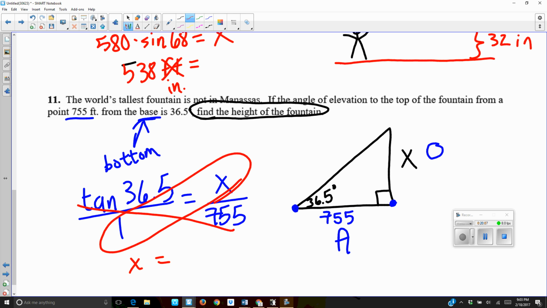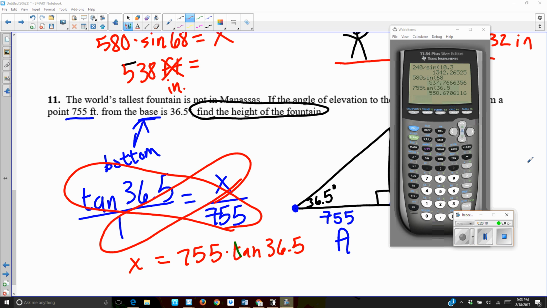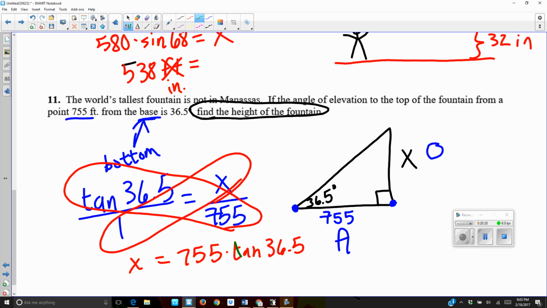Cross multiply the other way, put that in the calculator, you should get your answer. About 559 feet. So that fountain is almost 560 feet tall.